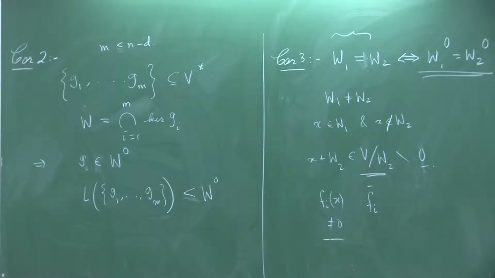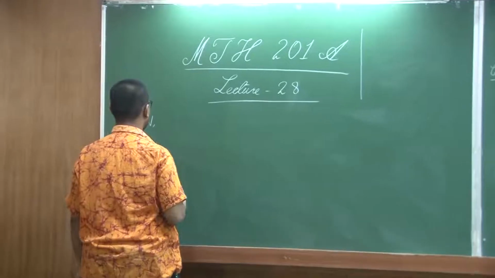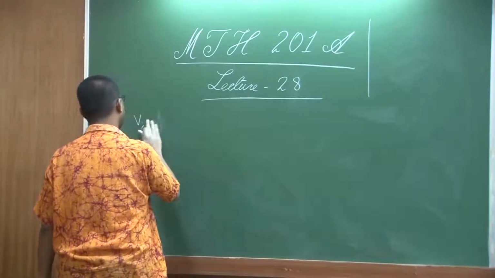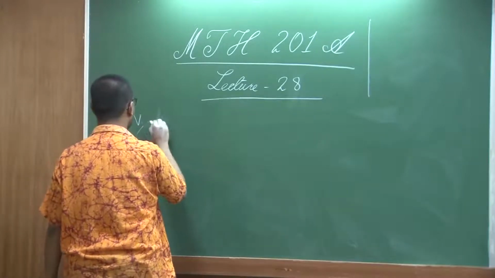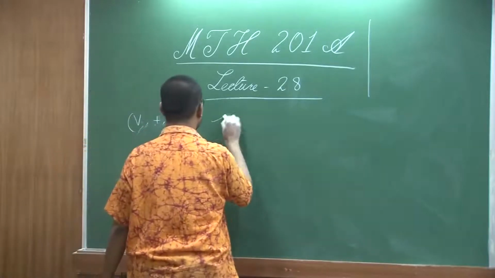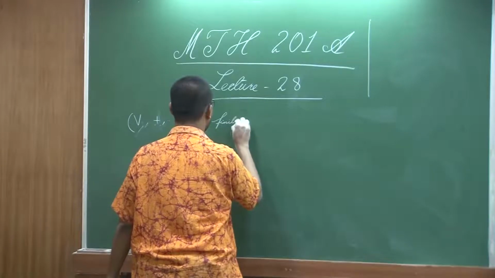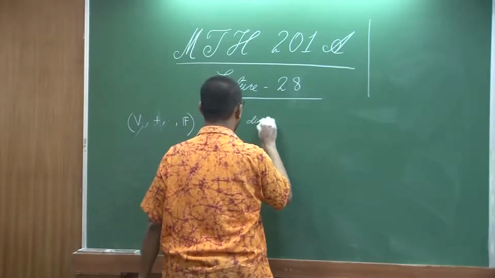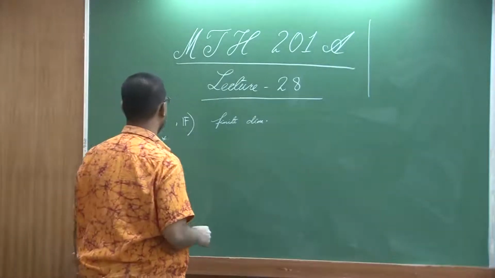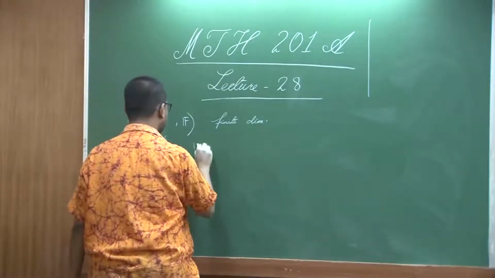Fine. Now, for the rest of this we will talk about the bidual or double dual. So, what is that? Given a vector space V, let us assume finite dimensional, then one talks about V star, which has the same dimension as V, and V star is also a vector space.